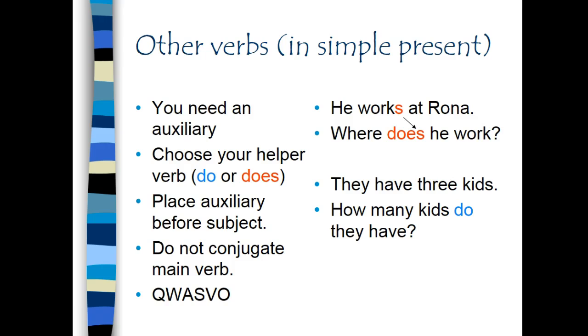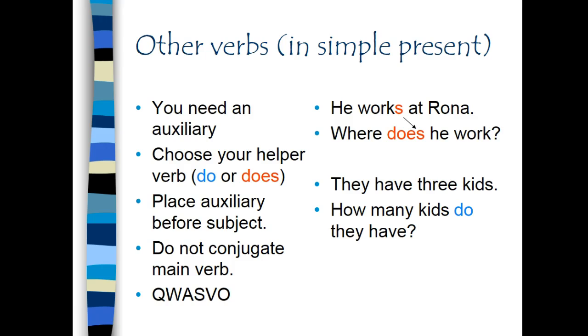For other verbs in the simple present, we need an auxiliary, and we have two choices, do or does. We use does when the subject pronoun is he, she, or it in the simple present. We place the auxiliary before the subject, and we do not conjugate the main verb.